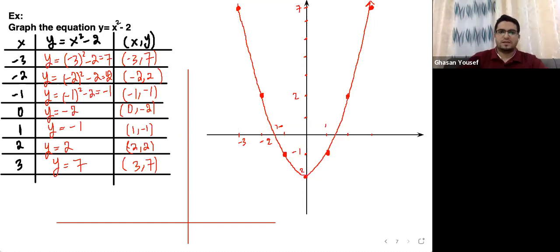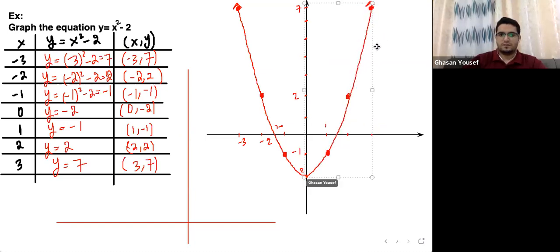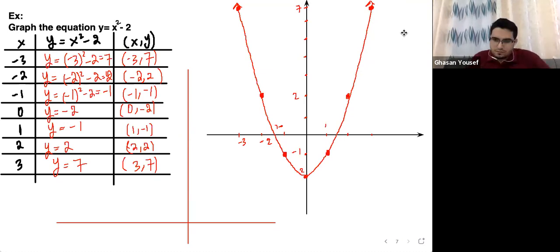Okay, it's a parabola. Any question for this one? Does it make sense how we can graph? Any question for this example? Again, this is my x-axis here.